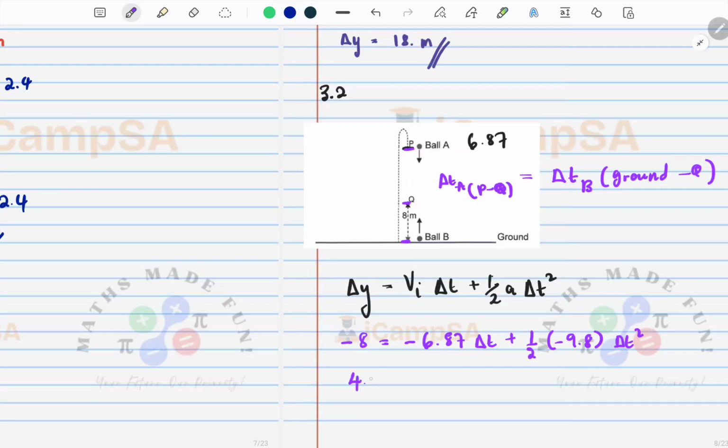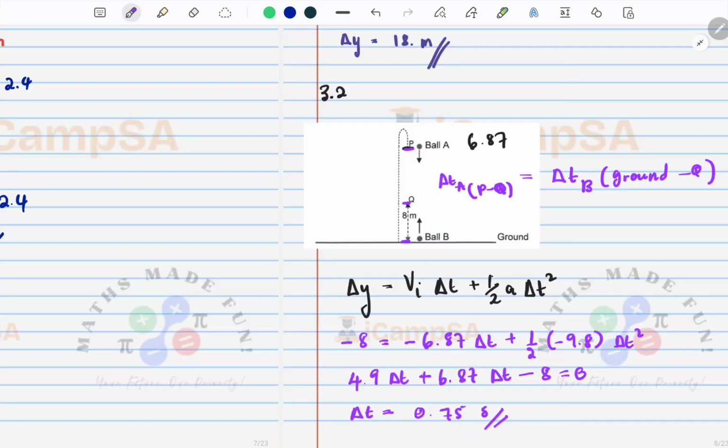You're going to have 4.9 delta t squared plus 6.87 delta t minus 8 equals 0. When you apply the quadratic formula, what do we get? From my calculator, I'm getting 0.75 seconds.